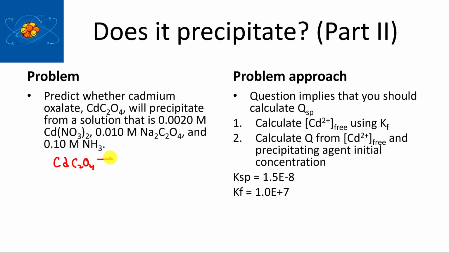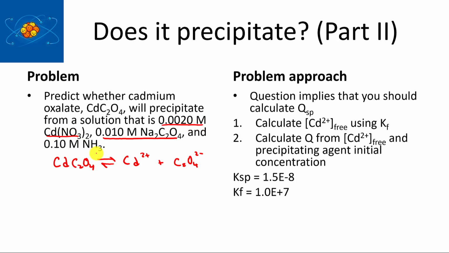That's my precipitate. It will form cadmium ions like this and oxalate ions, C2O4 2 minus. So that's what this is for, the oxalate. And this is actually looking like it's my cadmium, right?